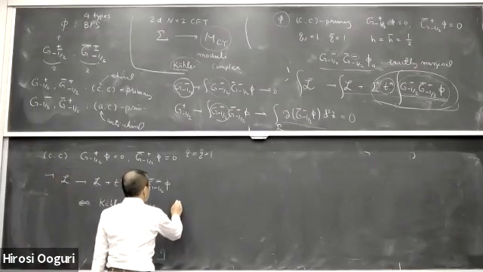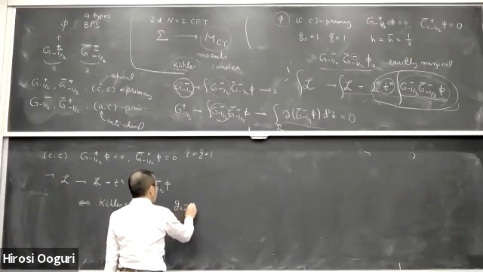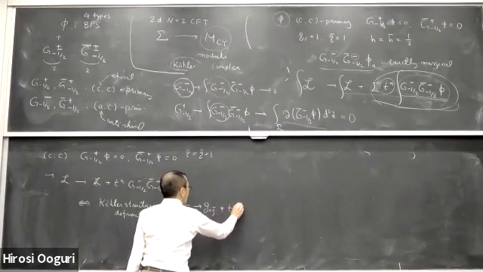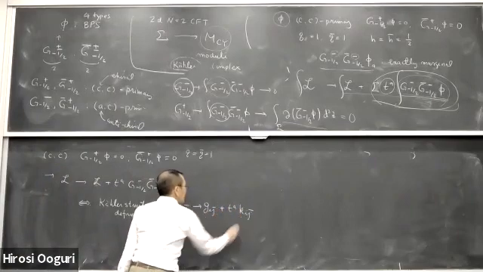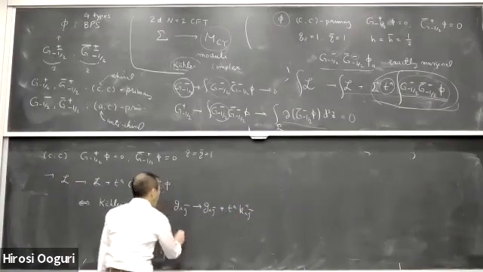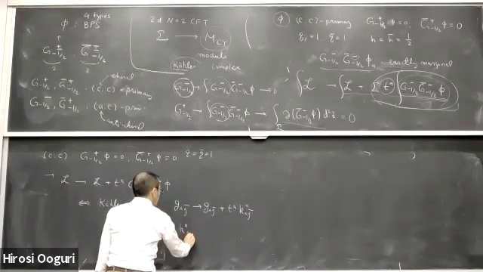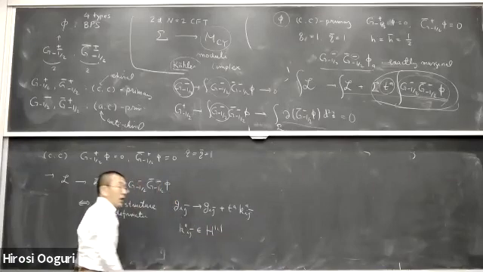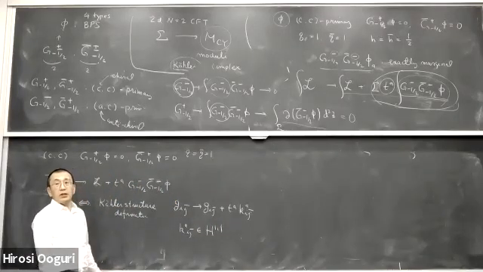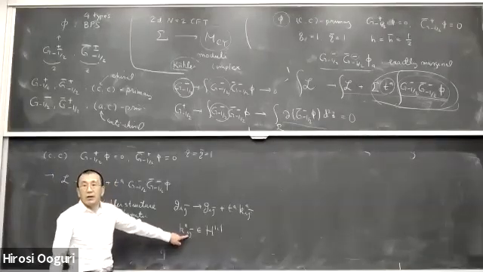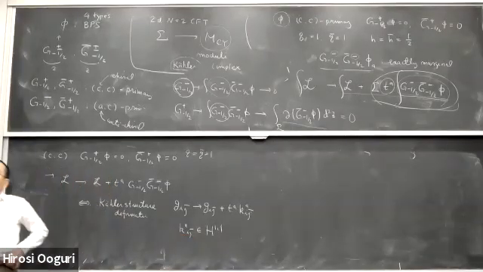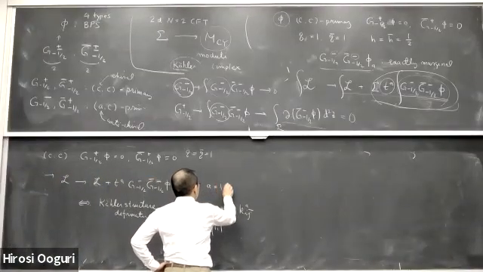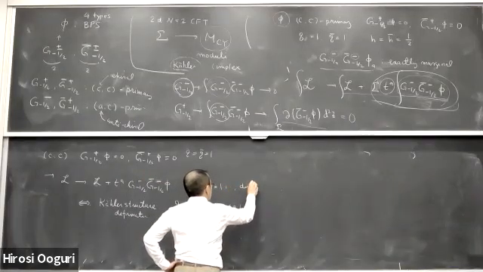So in particular, the Kähler metric is deformed by adding some linear combination of K, which is an element of H11. So it's a cohomology with 1 complex direction and 1 anti-complex direction, and A goes from 1 to the dimension of H11.